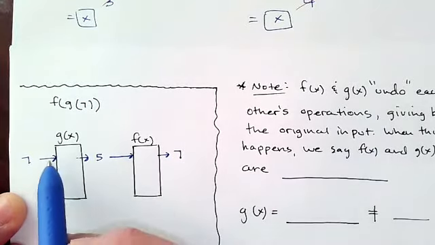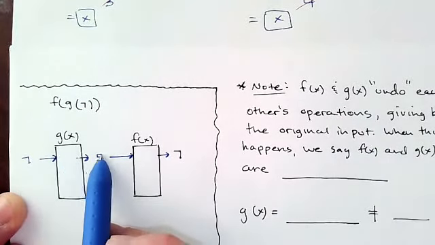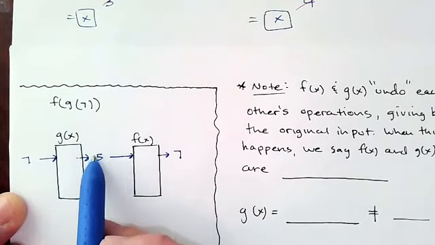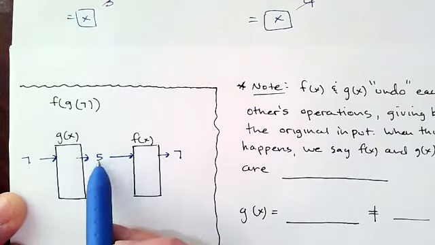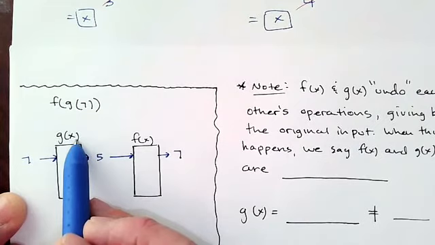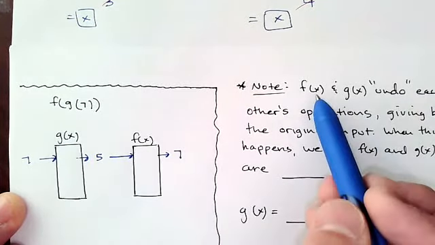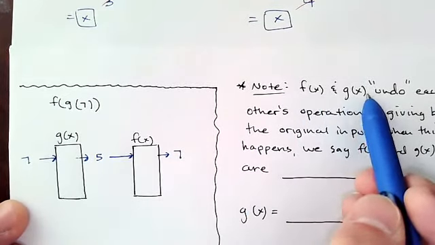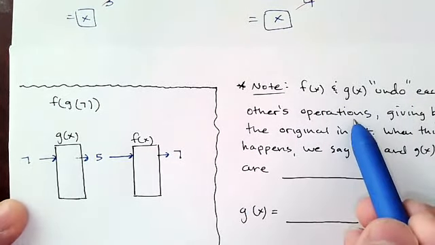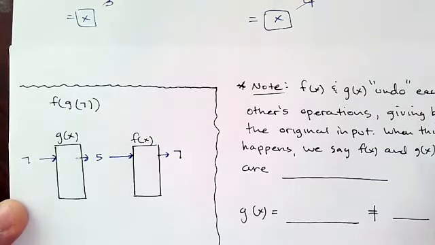So in a sense, g of x did some operations, changed the number 7, and f of x undid those changes to get back to our original number. So that's the way I like to think of these. f of x and g of x undo each other's operations, giving back the original input.